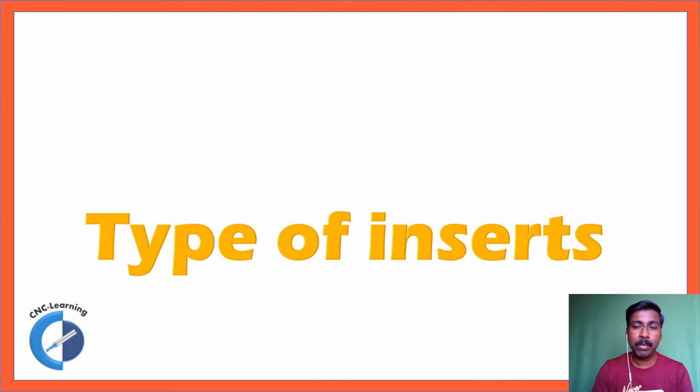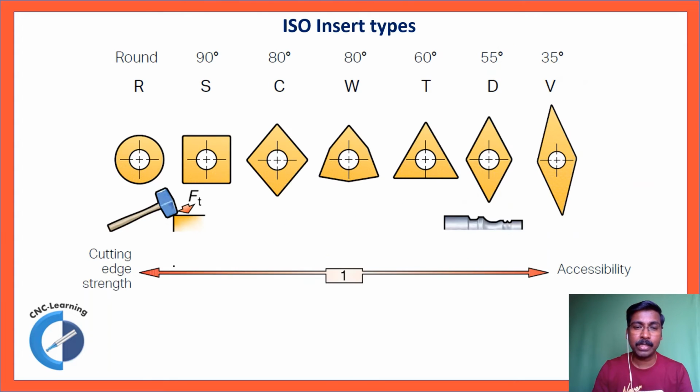We'll see the types of inserts, ISO inserts. So here you can see it is arranged from round to 35 degree. If you see here, the left portion is the stronger insert, and on the right portion it is more accessible, whereas the strength becomes less.